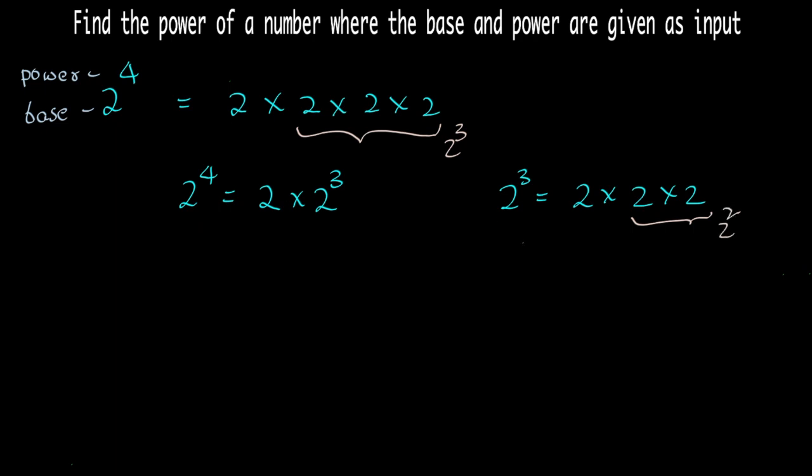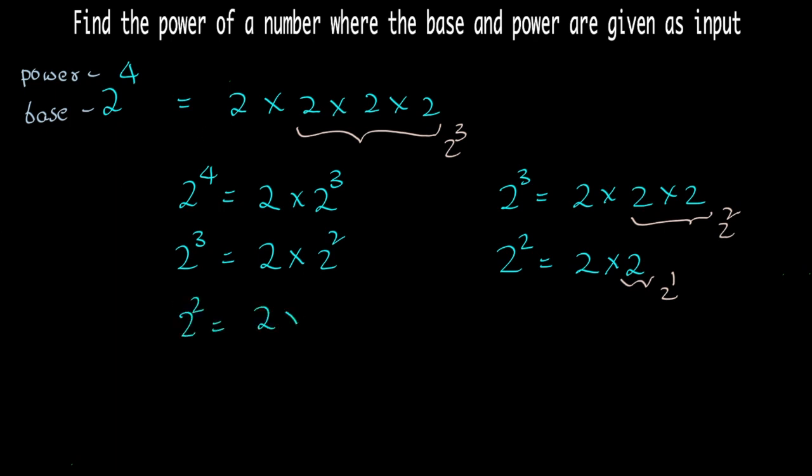So I'll redefine 2 cube as 2 into 2 square, and 2 square can be written as 2 into 2, where this 2 can be written as 2 power 1, so 2 square can be written as 2 times 2 power 1. So this is how 2 power 4 can be expanded. 2 power 4 is 2 into 2 cube, and 2 cube is 2 into 2 square, and 2 square is 2 into 2 power 1.